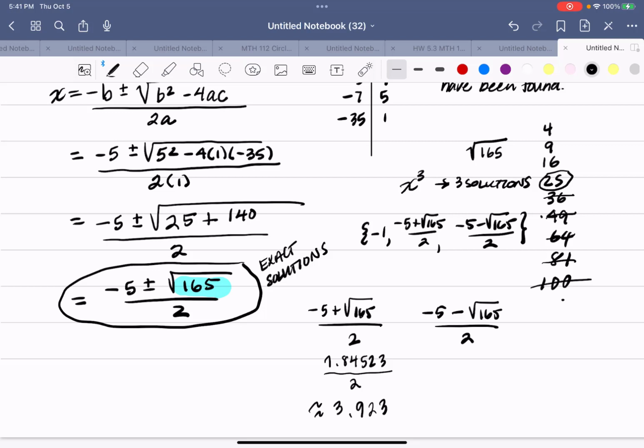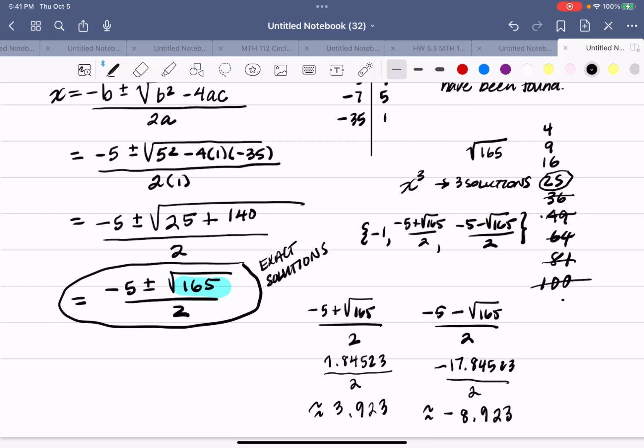Then -5 minus the square root of 165 is about -17.84523. Divide that by 2, and I get that it is approximately -8.923.